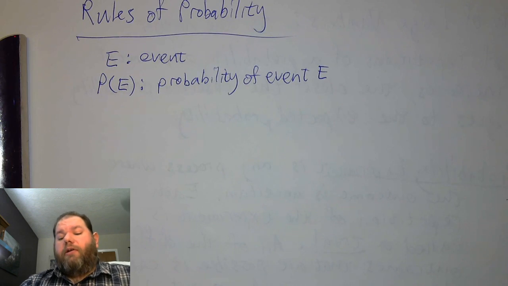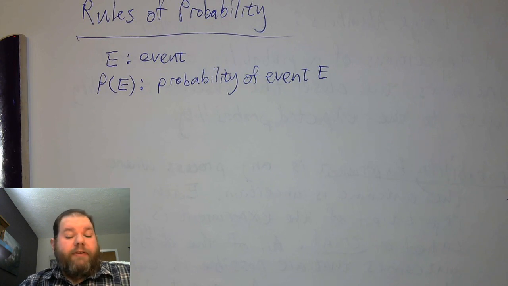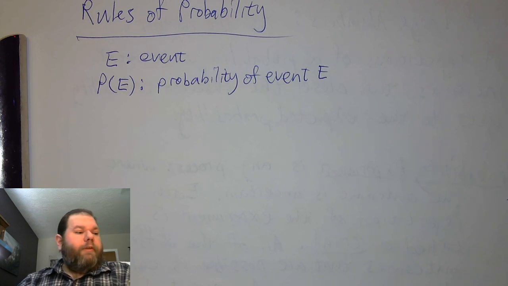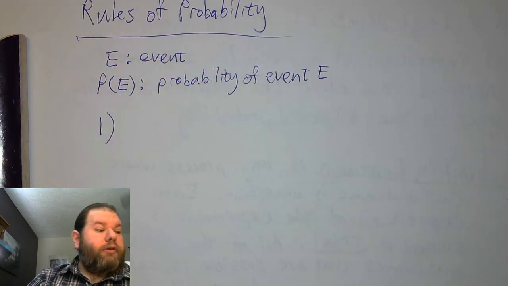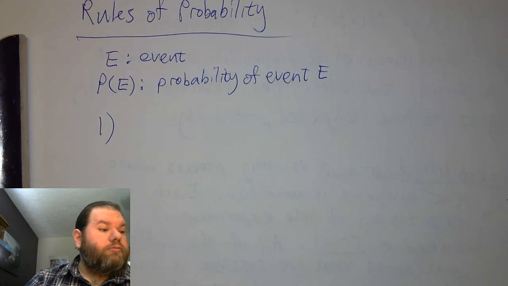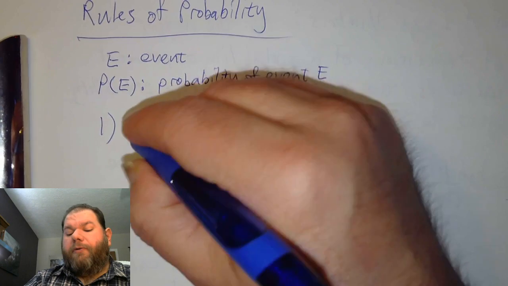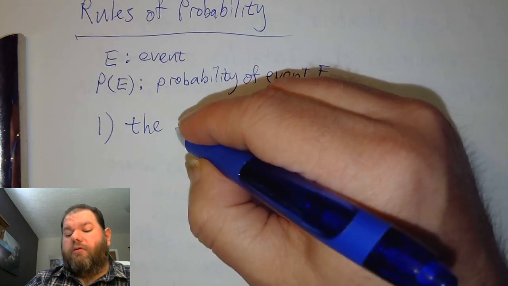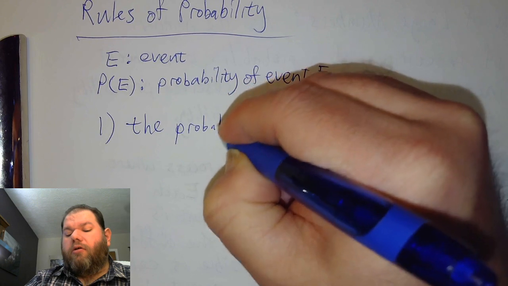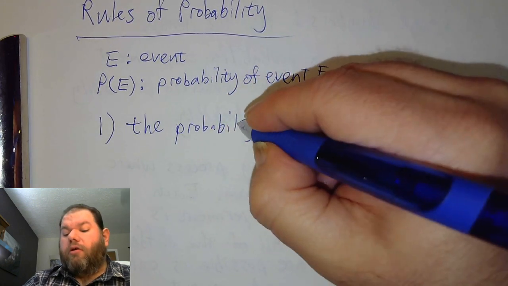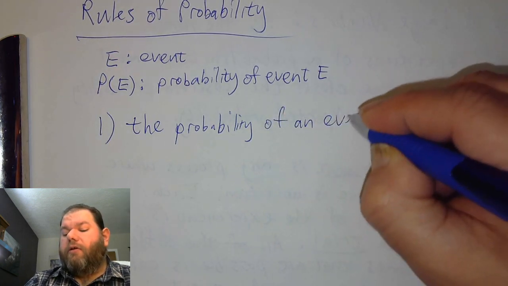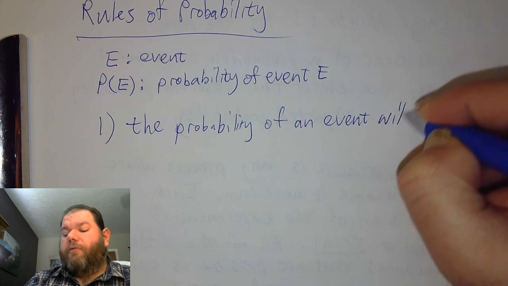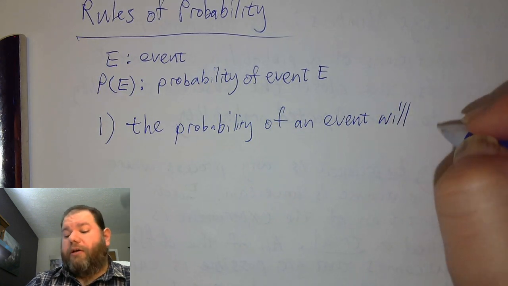P of E is the probability of the event in the parentheses, in this case, event E. Okay, so for rule 1, the probability of an event will always be a number between 0 and 1.